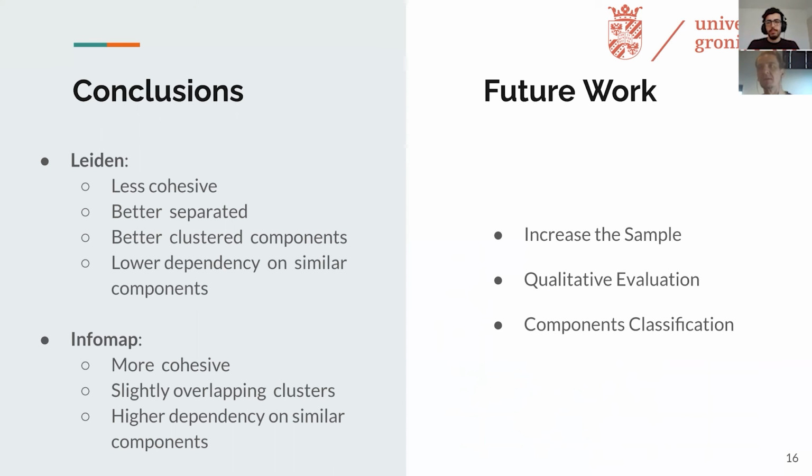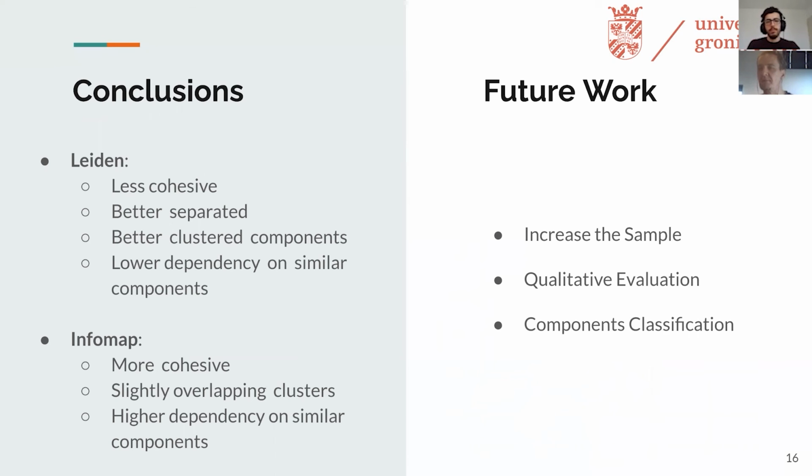But yes, Leiden has the tendency of creating smaller communities and smaller components, to the risk of being too expensive to analyze, one component made of a couple of classes, for instance. So that is definitely an issue. But on the flip side, Leiden, of course, has the advantage of having a better separation in terms of the concepts and the semantics of those components.